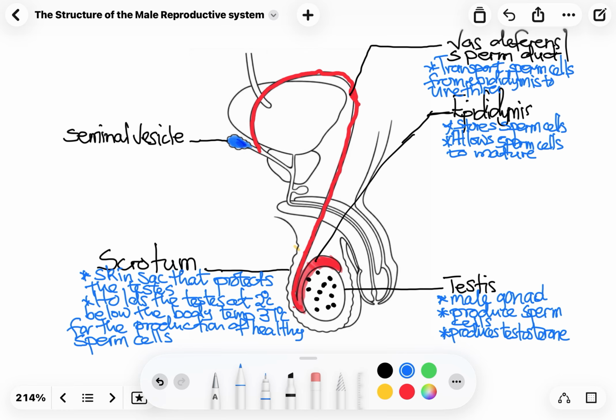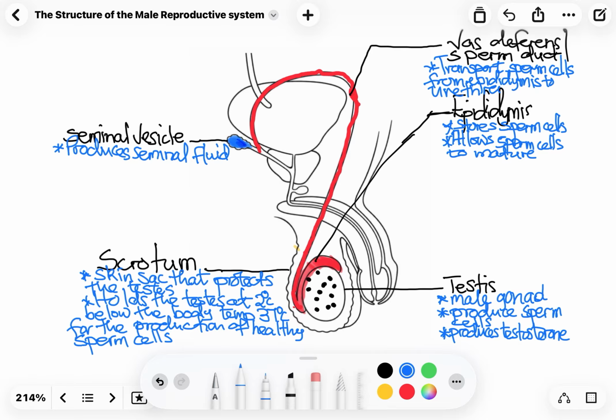So the function would be: it produces seminal fluid.